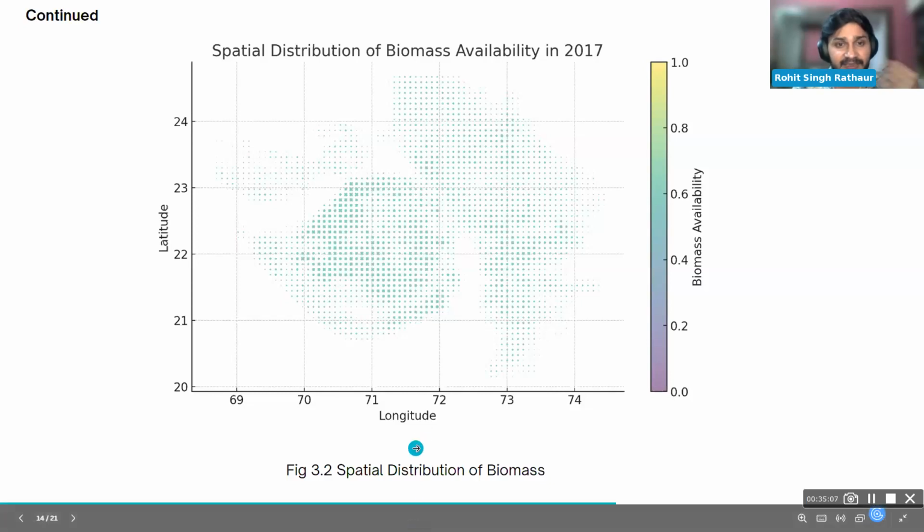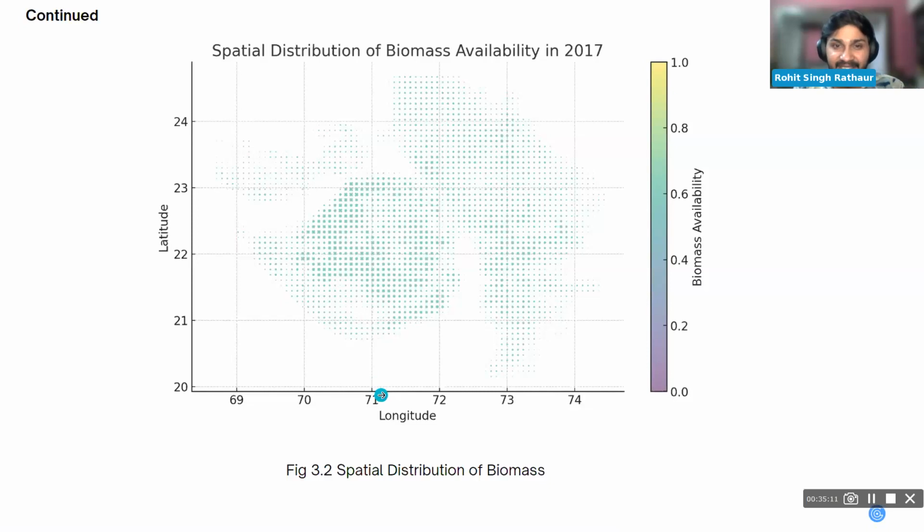And for this plot, we can see that biomass availability varies across different locations in this particular region. So some regions have higher biomass availability represented by larger points, while other regions have lower availability represented by smaller points.